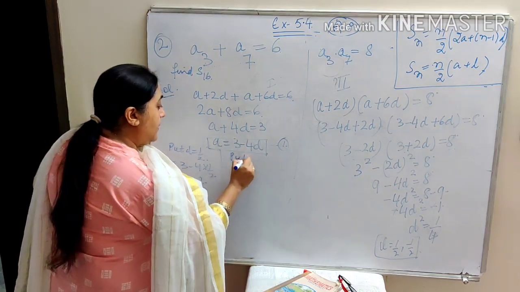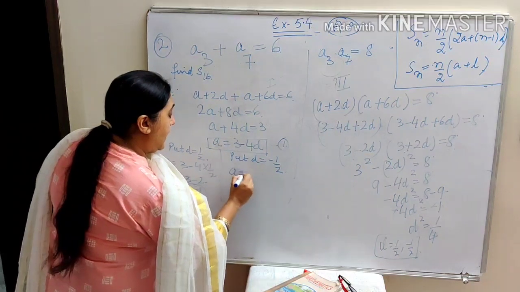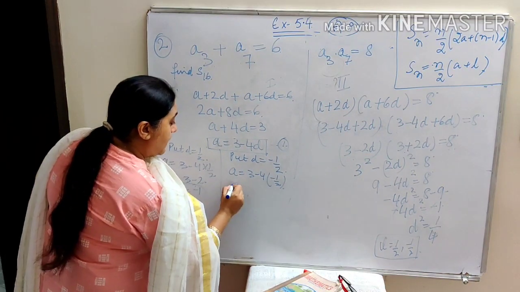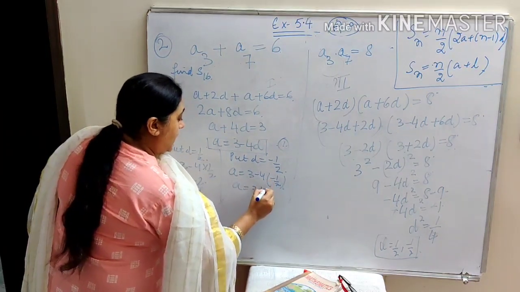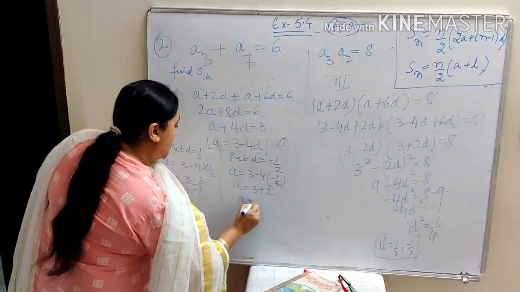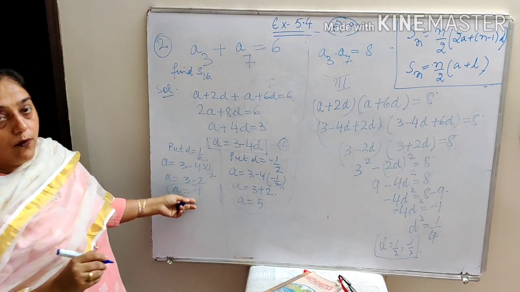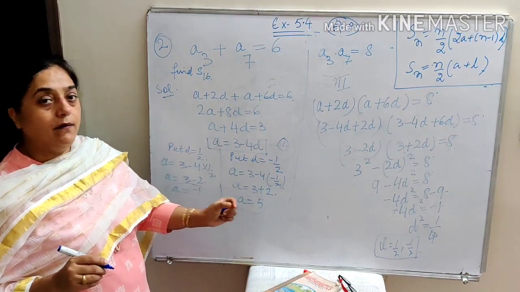Now put D is equal to minus half. What will you get? A is equal to 3 minus 4 into minus half. So A comes out to be 3 plus 2, which is 5. So you have two series. One series starts from minus 1, the other series starts from 5.